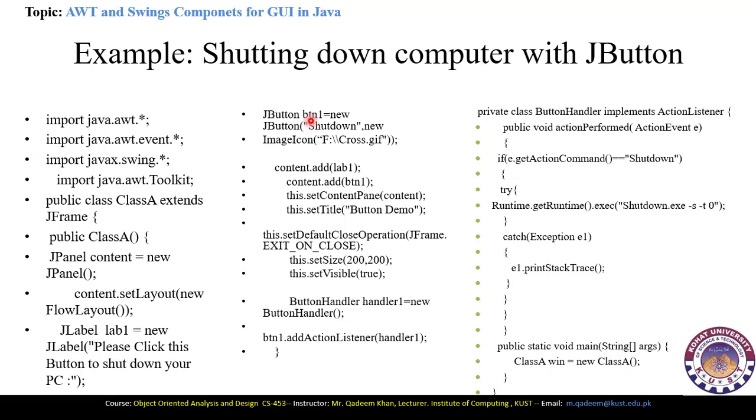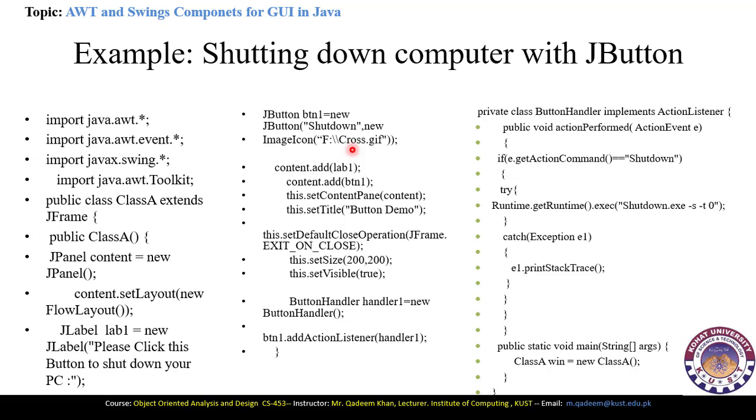So JButton btn1 is equal to new JButton. Inside the constructor of the JButton, we have defined a string "Shutdown", comma, new ImageIcon("F://cross.gif"). The first parameter shows the label over the button, and the second parameter provides the image over the button.